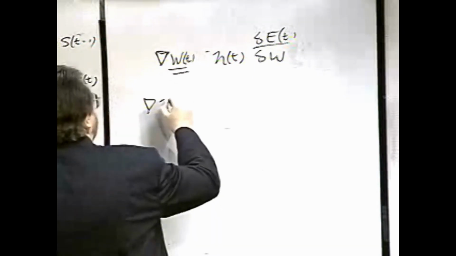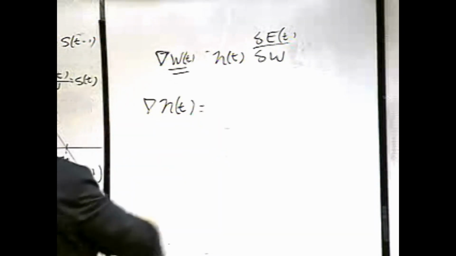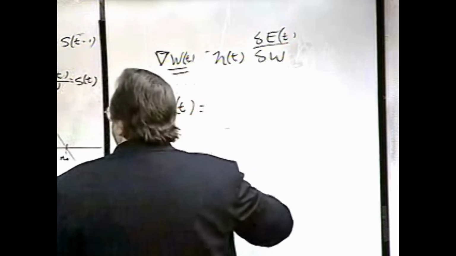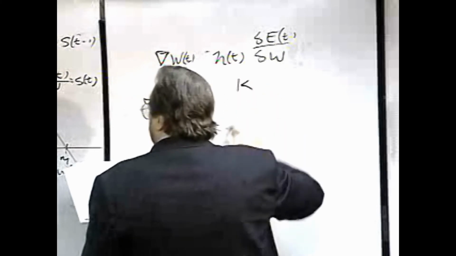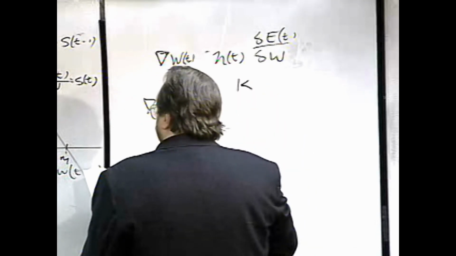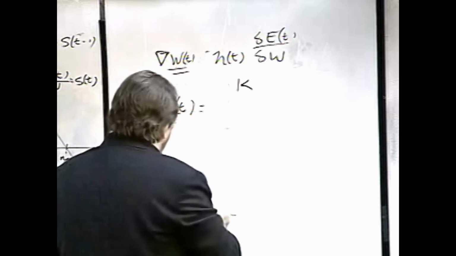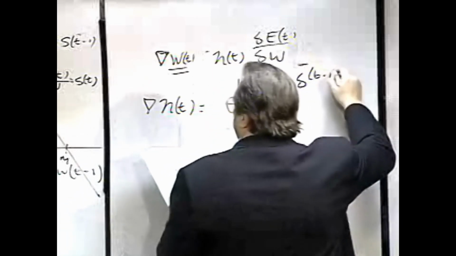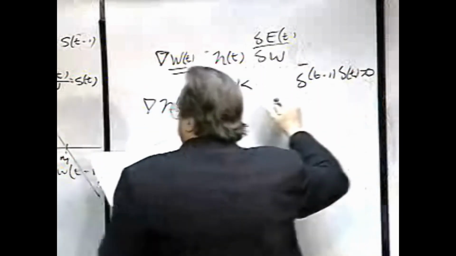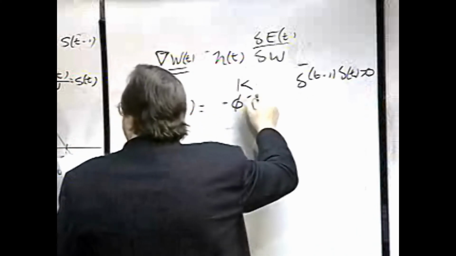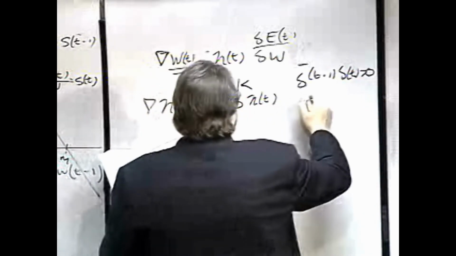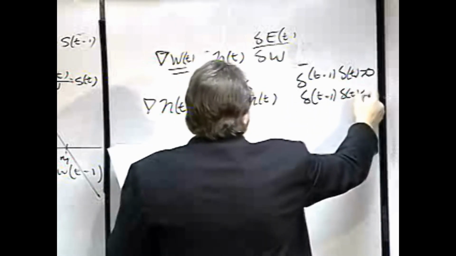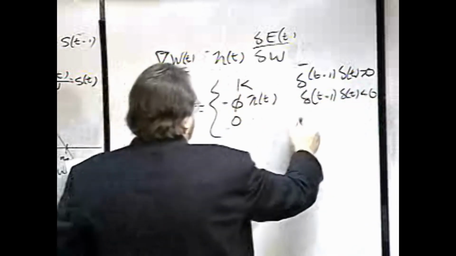Now this is the change in the learning rate. The change in the step size is a function of t. Not the change in the weight, but whether we're changing the step size. This is equal to kappa if delta bar t minus 1 times delta t is greater than 0, it's equal to minus phi times eta of t if delta bar t minus 1 times delta t is less than 0, and it's equal to 0 otherwise.